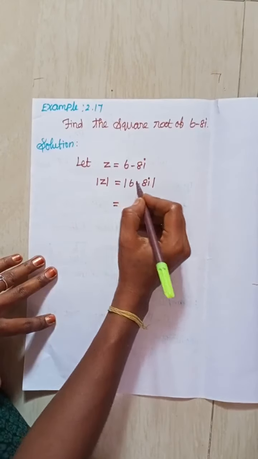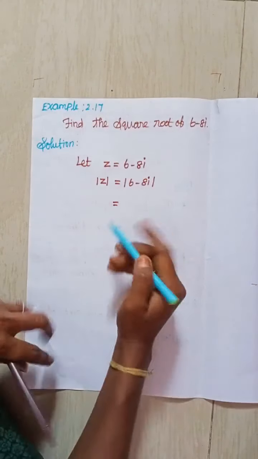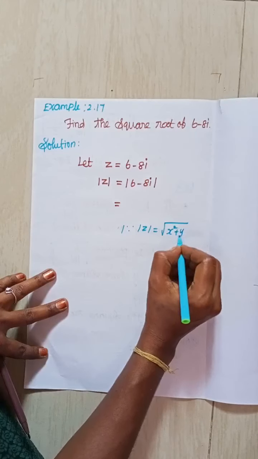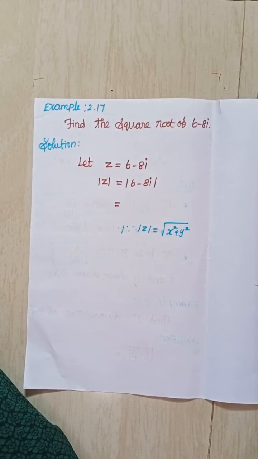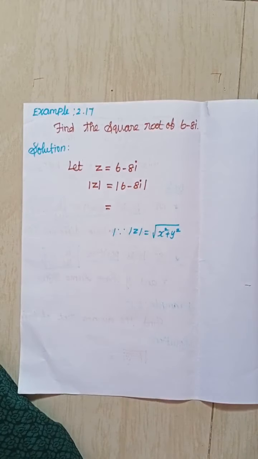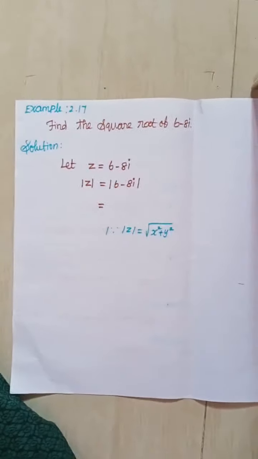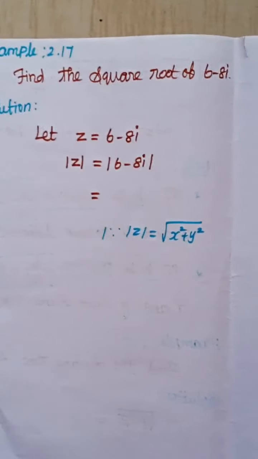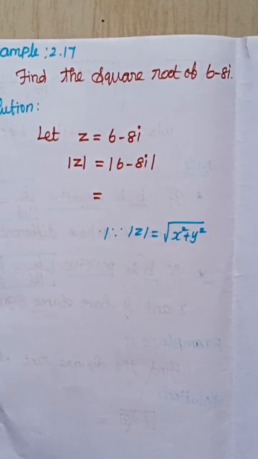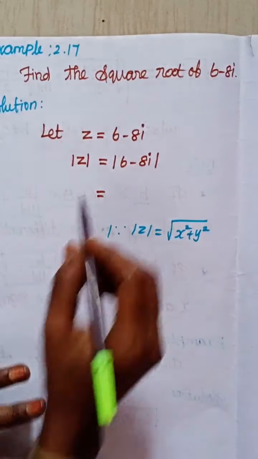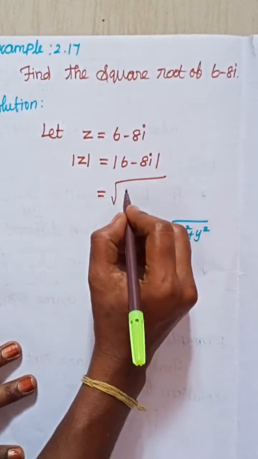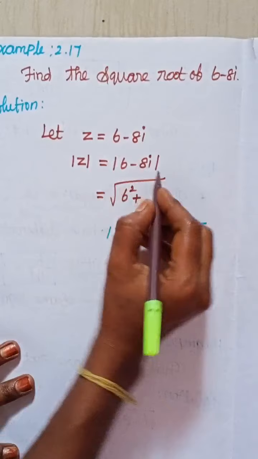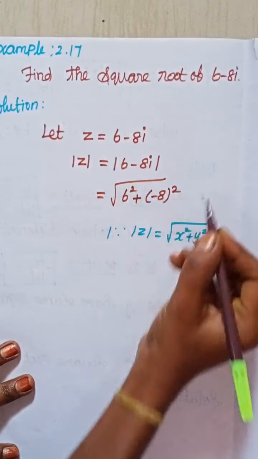We know that by the definition of the modulus of a complex number, modulus z is equal to square root of x square plus y square. So square root of 6 square plus y square, where y is minus 8, squared.